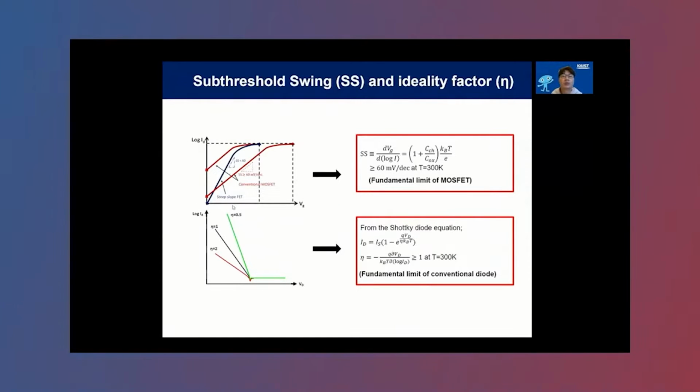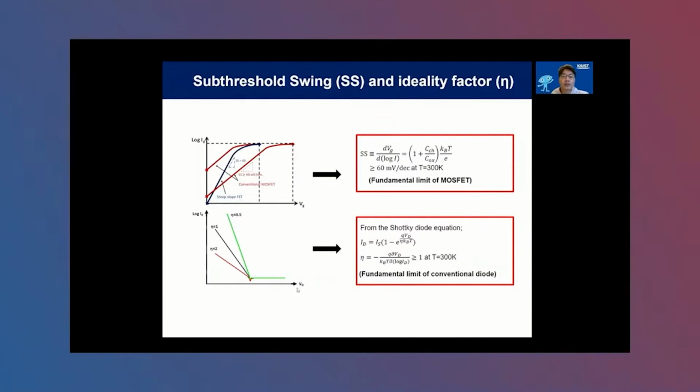Also, the conventional diode has some fundamental thermal limitation. How steep this IV curve is in a transistor is represented by the subthreshold swing, but in a diode, how steep the current versus bias voltage is represented by the ideality factor.